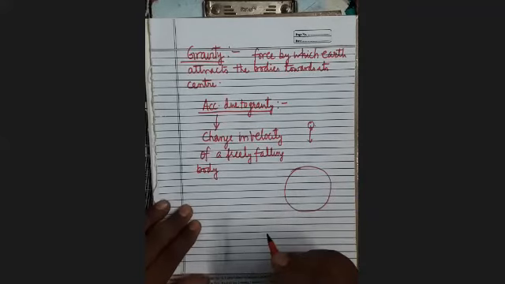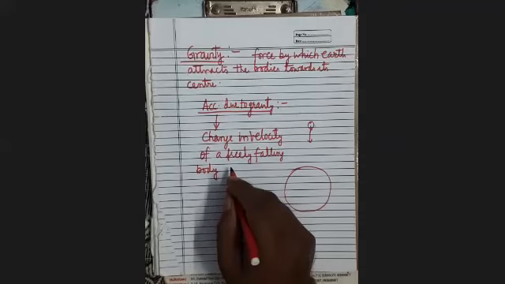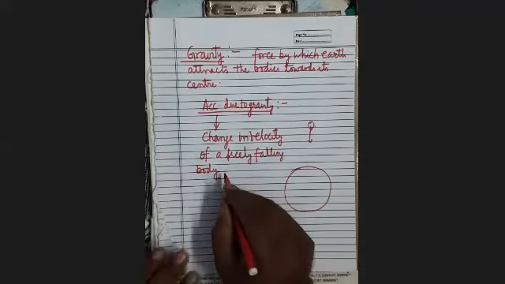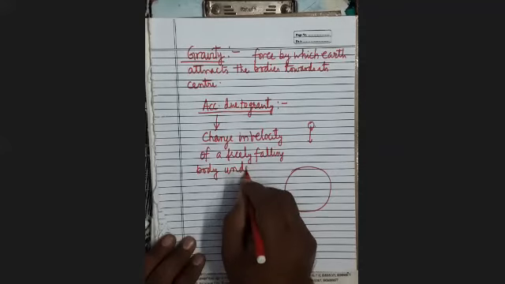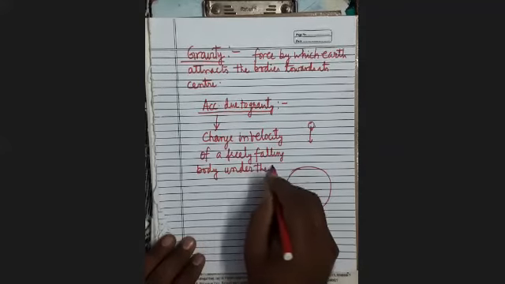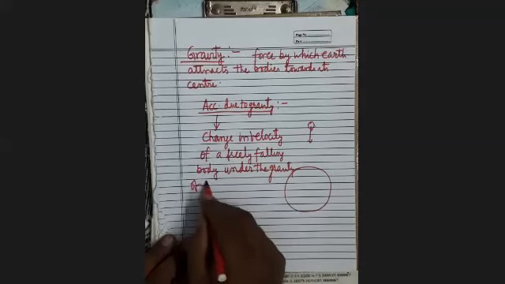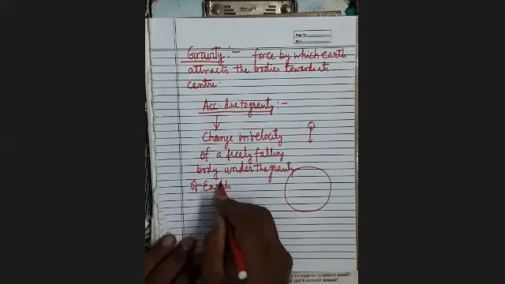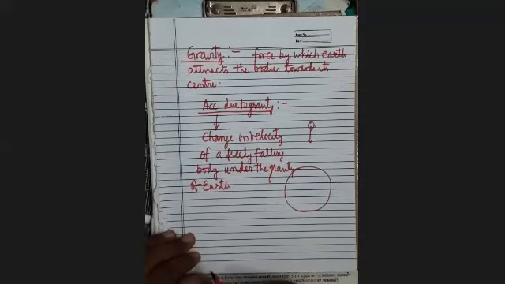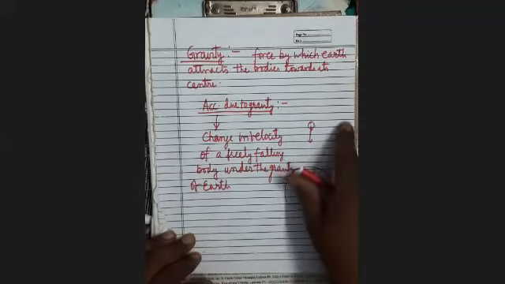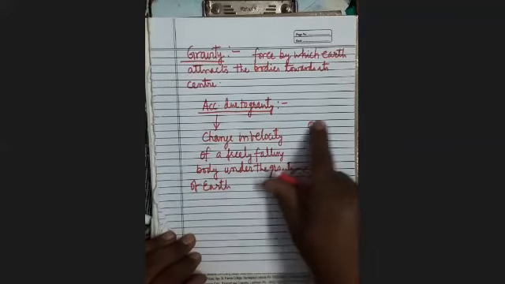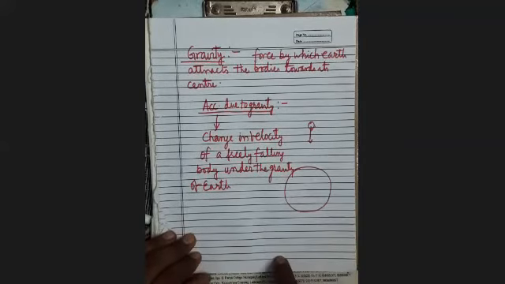Change in velocity of a freely falling body under the gravity of the earth. And here, so far we have considered that there is a uniform gravitational field of the earth around it.